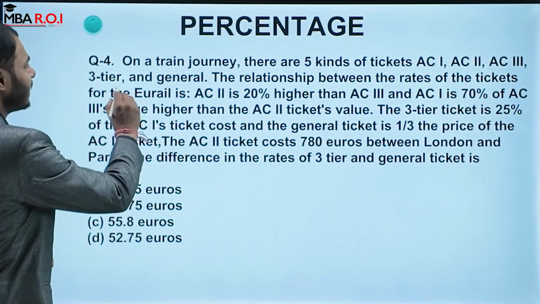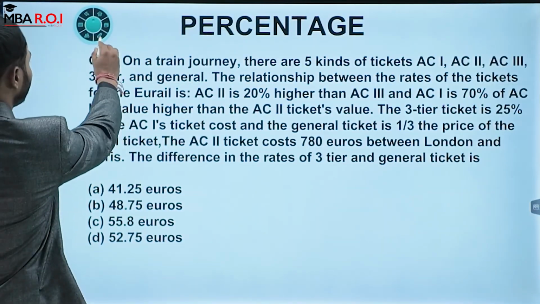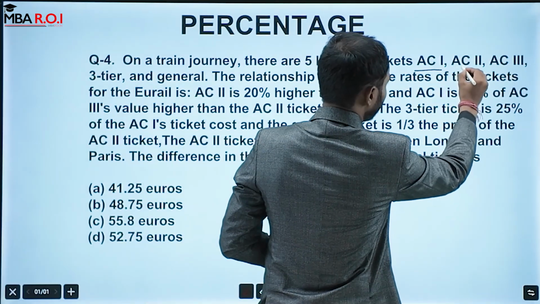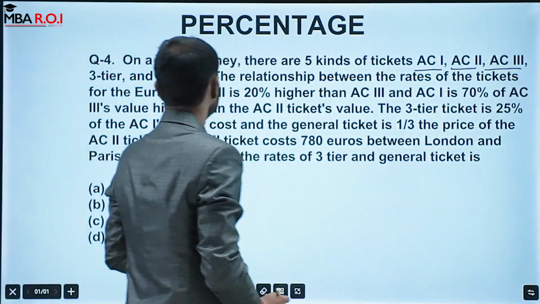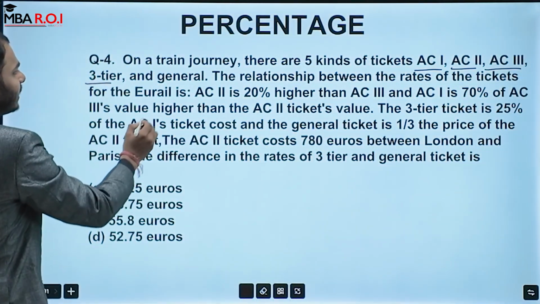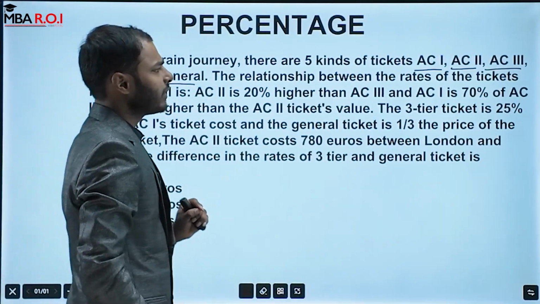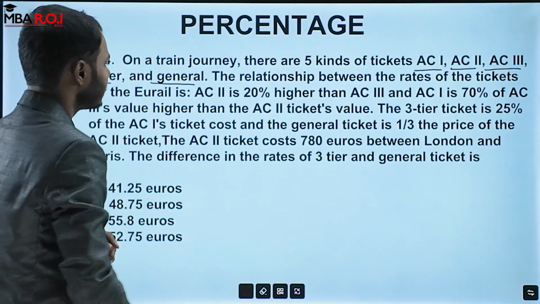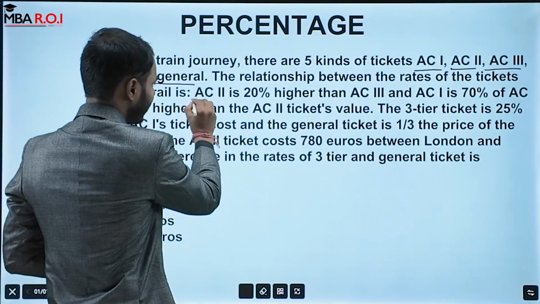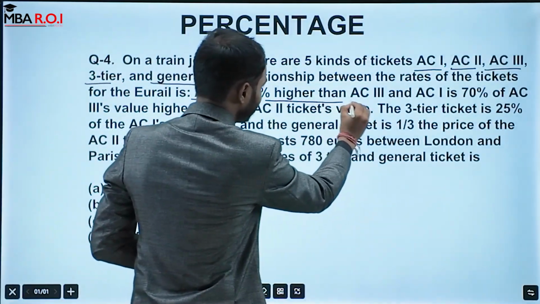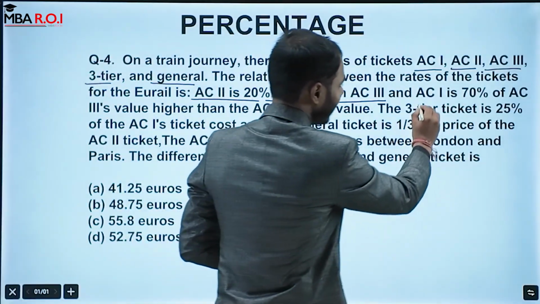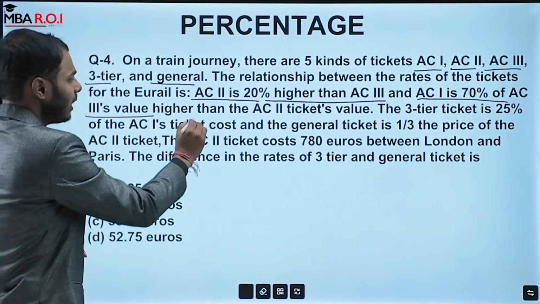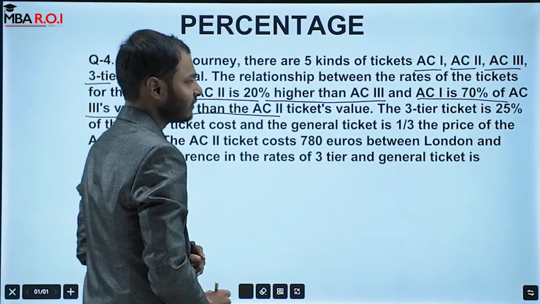The question says, on a train journey there are 5 kinds of tickets: AC1, AC2, AC3, third tier and general. The relationship between the rates of the tickets is as follows. AC second is 20% higher than AC third, and AC1 is 70% of AC third's value higher than the AC second ticket's value.